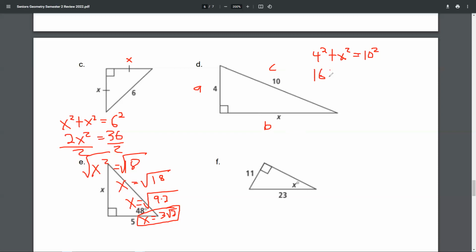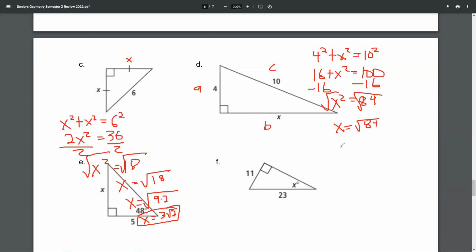So that is 16 plus x squared equals 100. Subtract 16 from both sides, you get x squared equals 84. Take the square root of both sides. You get x equals the square root of 84.